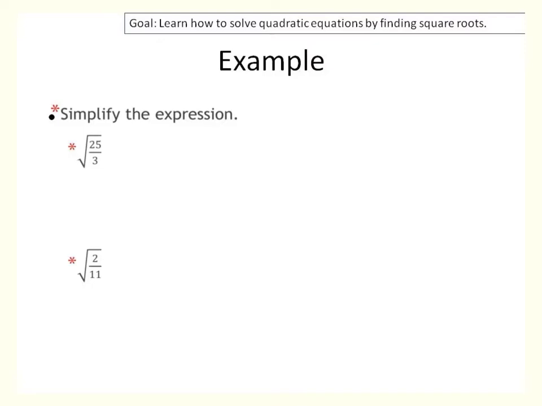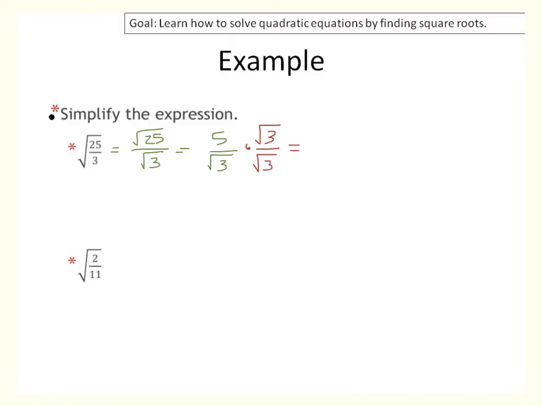So, square root of 25 thirds. This doesn't work as nicely as when I showed you the quotient rule, because I can take the square root of 25 and write it like this: 5 over the square root of 3, but I can't take the square root of 3. So we're going to rationalize the denominator by multiplying the top and the bottom by the square root of 3.